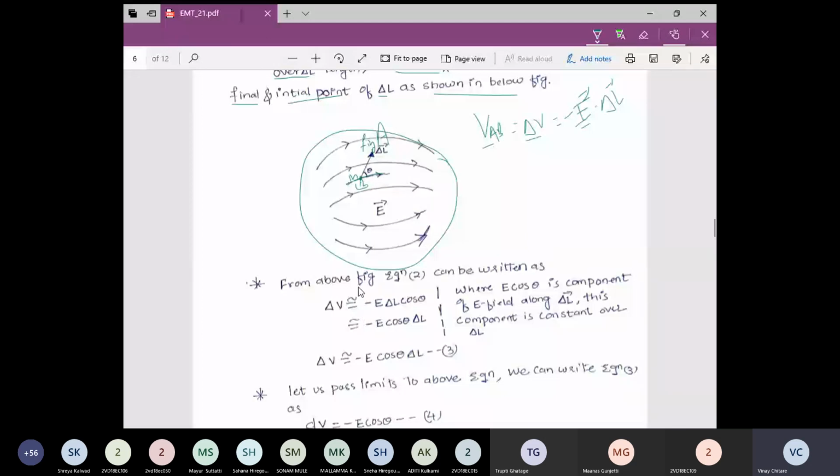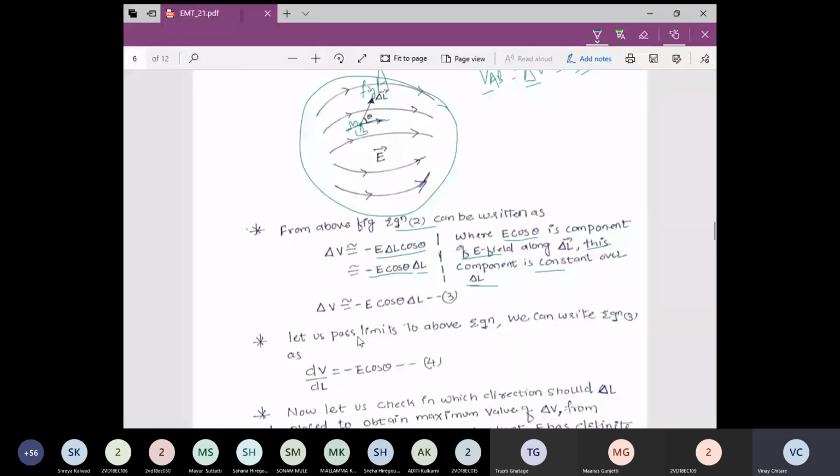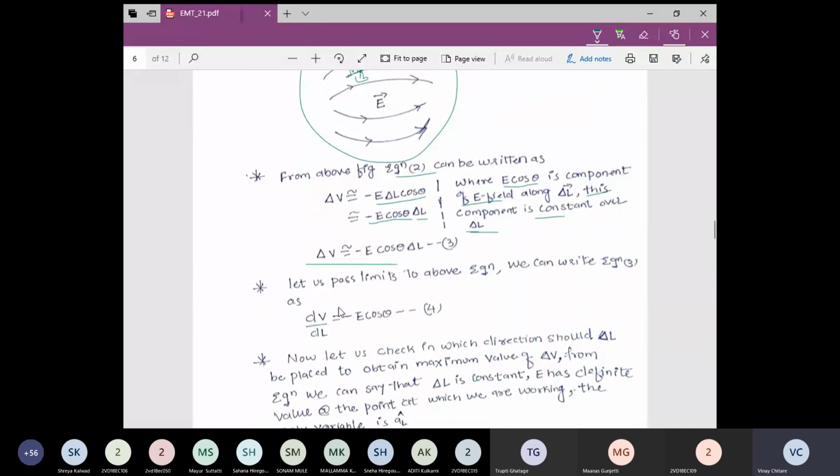From the above figure, equation 2 can be written as delta V approximately equal to minus E delta L cos theta, or minus E cos theta delta L. We know E cos theta is the scalar component of the electric field along this delta L, and this component is constant over that delta L. So let us pass to the limit, that is, allow delta L to be as small as possible.